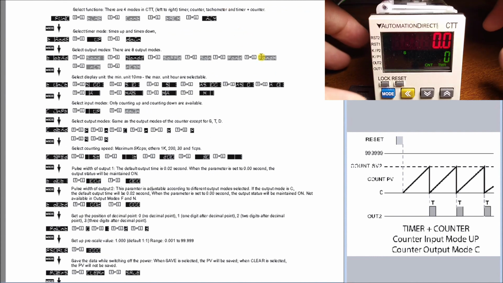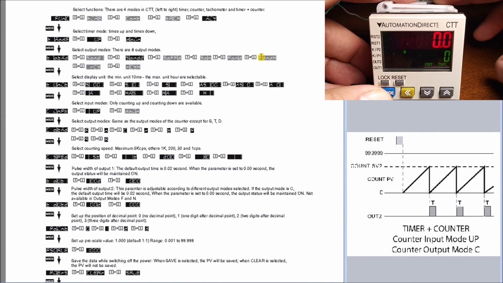Here on my unit, if I hit and hold my mode key for 3 seconds, I go into my programming, and the first one here is my mixed mode function, which I see right here. Hit mode again, and we have it set for up, and then hit mode again.